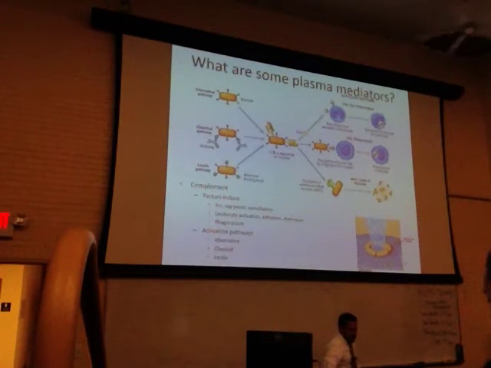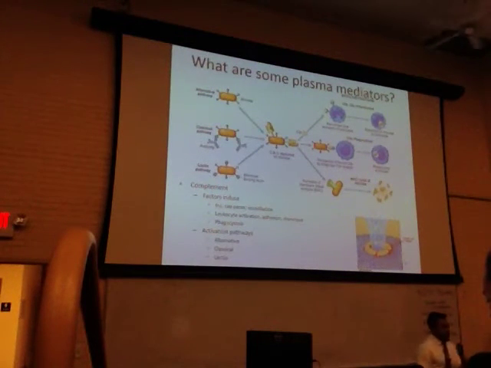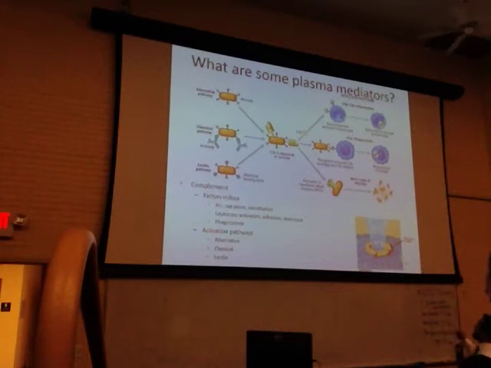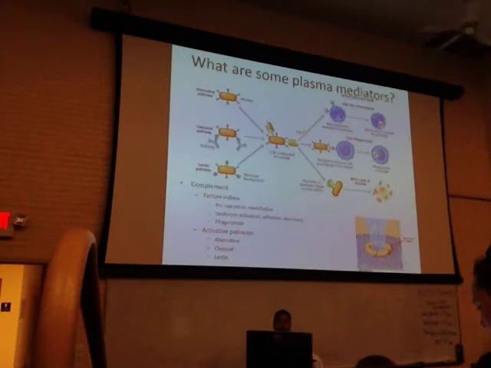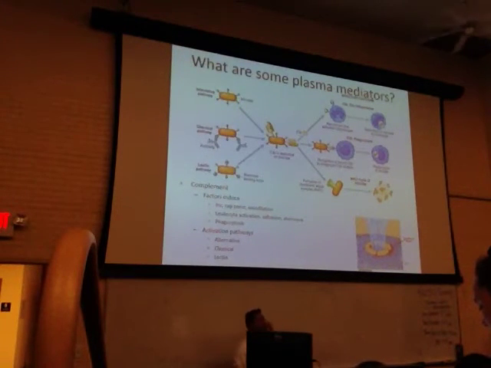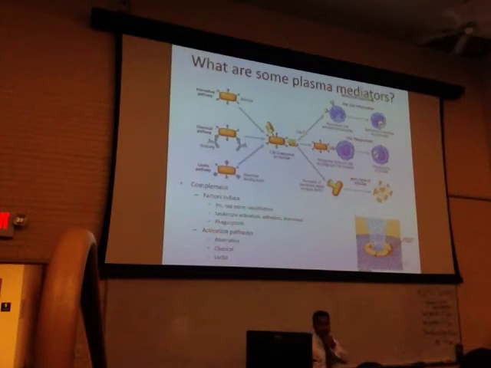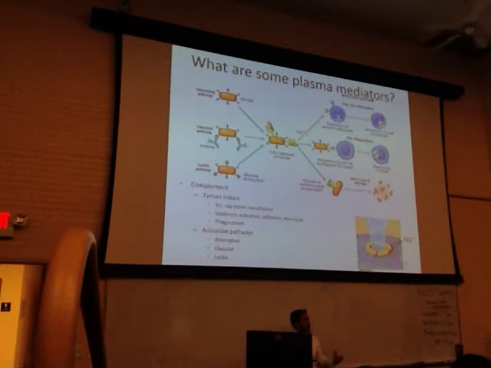So there's four total. So the third of the four mechanistic slides, so they're plasma mediators. Okay? These plasma mediators are made by the liver and put out into the circulation. And the family of these plasma mediators are called complement.